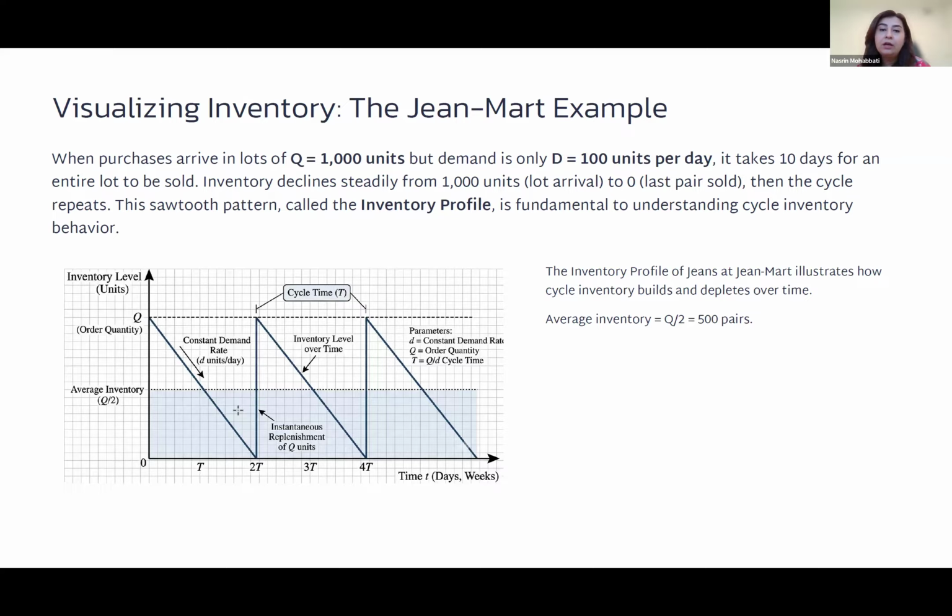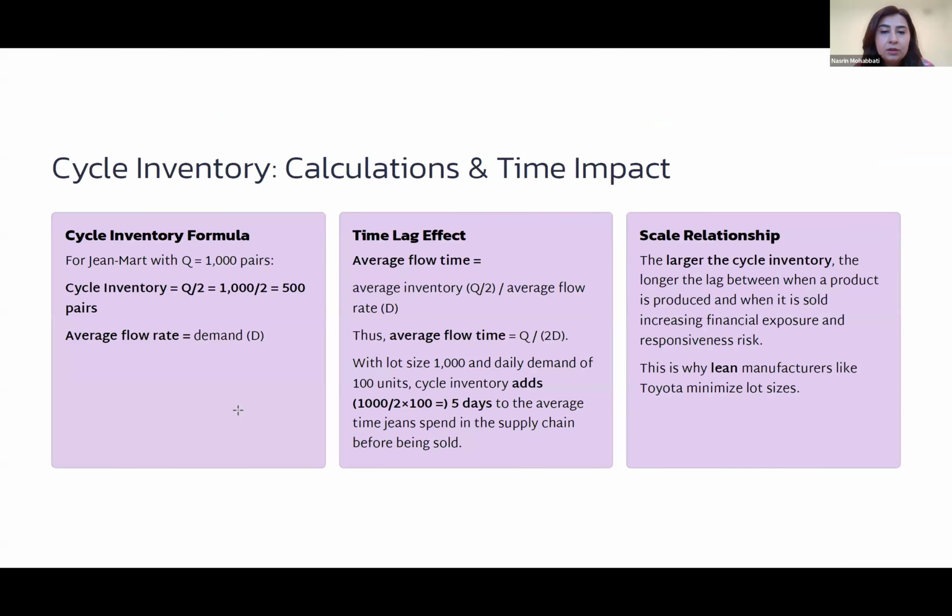But in this lecture, we're gonna start with a simplified version and move our way toward a little bit more complex stuff. So let's move on to some other calculations we have to make when we are talking about inventory. So we know about cycle inventory, how many units of products we are keeping on average in our system, and why it is important because it has some cost.